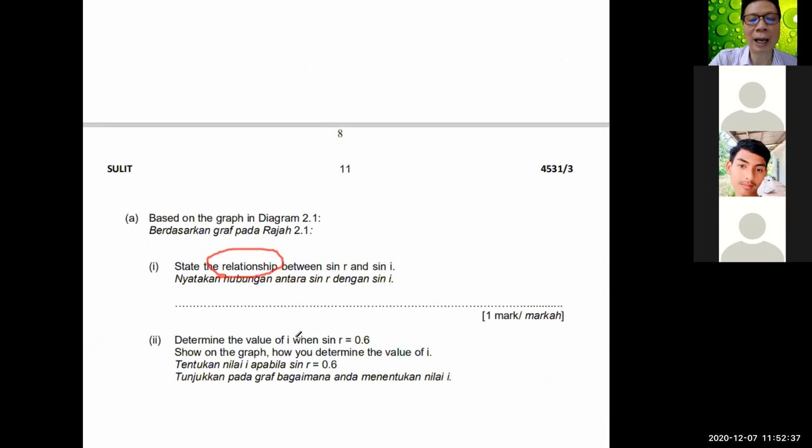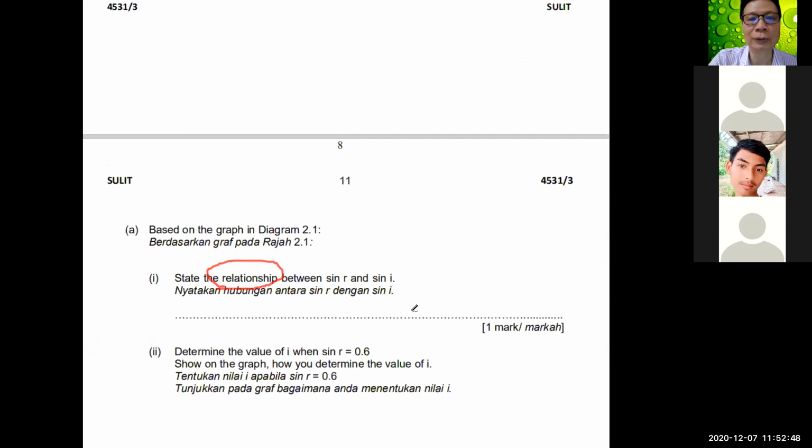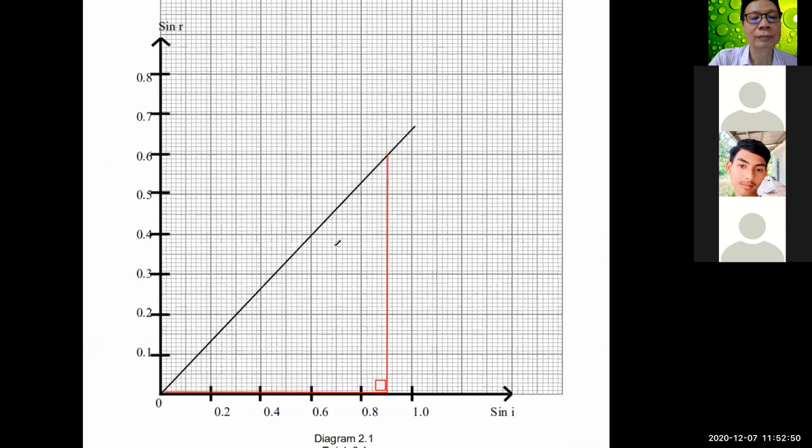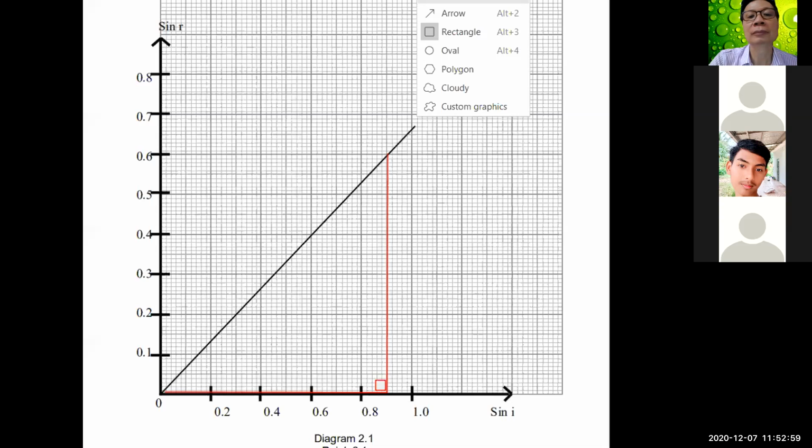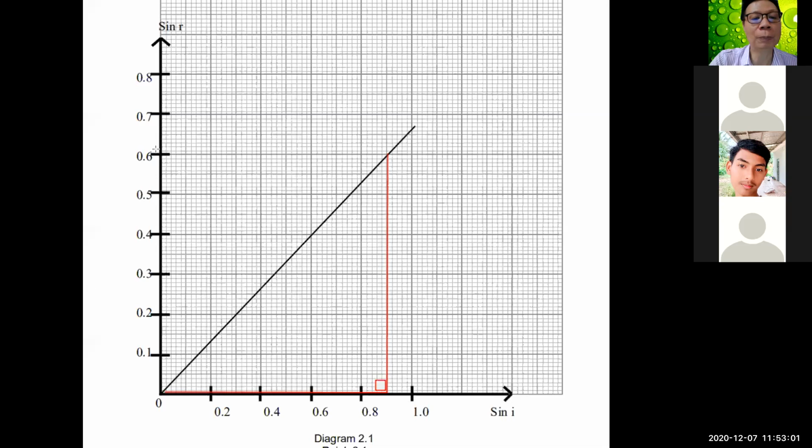Determine the value of i when sin r is 0.6. Show on your graph. You must draw the line. They ask you to find the value of i when sin r is 0.6. So you draw a line at 0.6, following here.